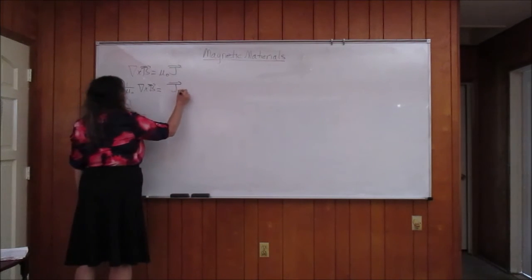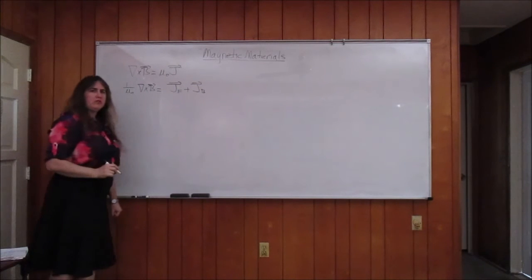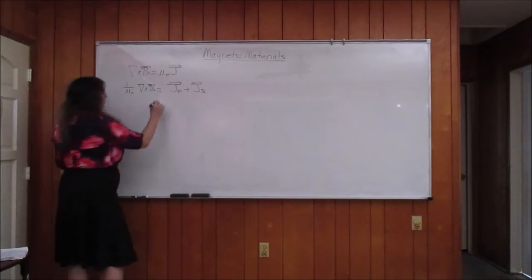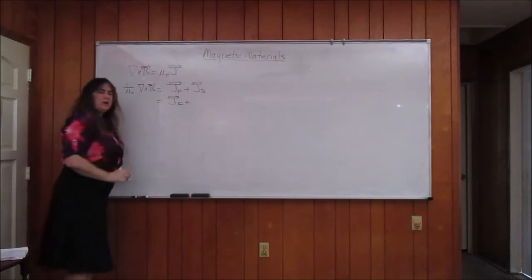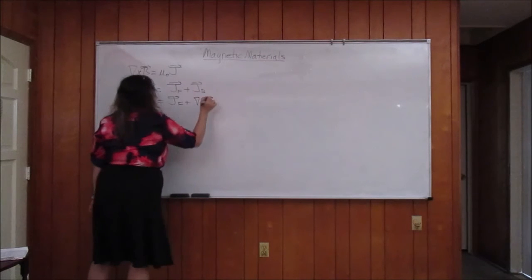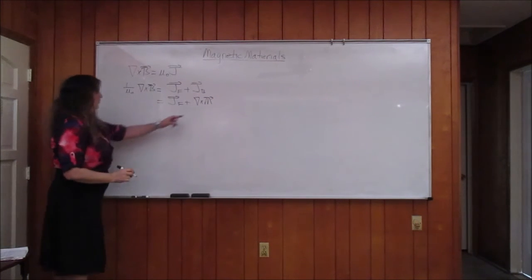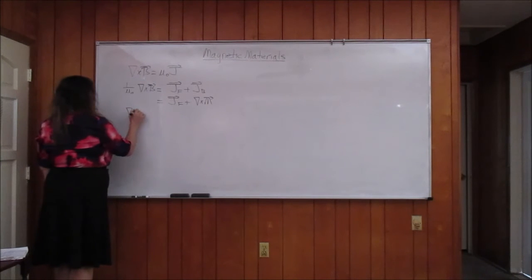Call that J_f. We also have the bound current. But we just derived an expression that the bound current is equal to the curl of the magnetization. So I'm going to pull this term over to the left-hand side.